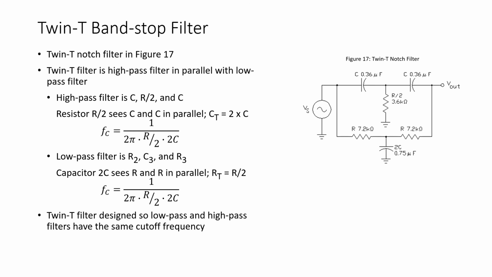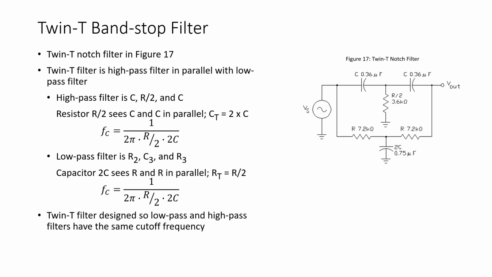Now with the low pass filter, the capacitor 2C sees R and R in parallel. And of course, two equal value resistors in parallel equals R divided by 2. So the cutoff frequency for the low pass filter is 1 over 2 pi times R divided by 2 times 2C, which again gives us 1 over 2 pi RC.